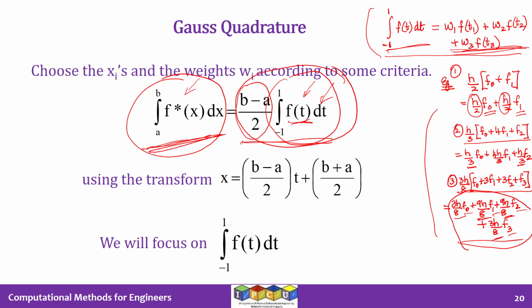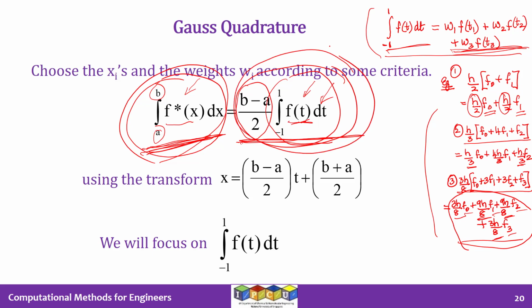So any problem can be converted to this problem. It doesn't matter what a and b are in our original problem. It doesn't matter what that function f star of x is. You can convert this integral to what you see on the right hand side, b minus a by 2 times the integral from -1 to 1 of f of t dt.